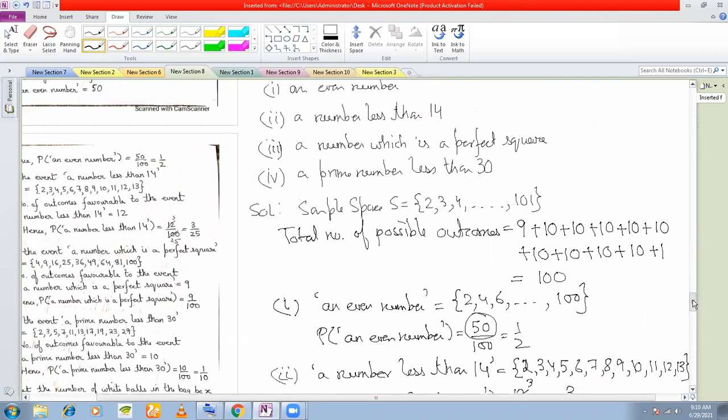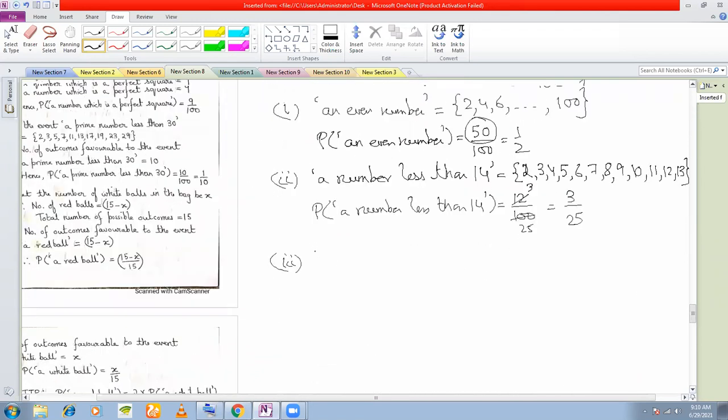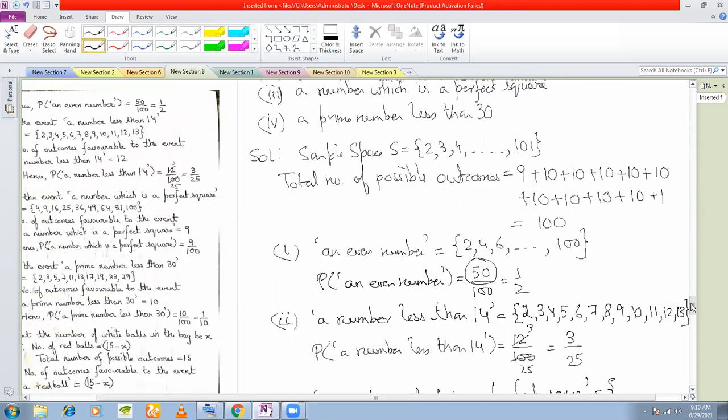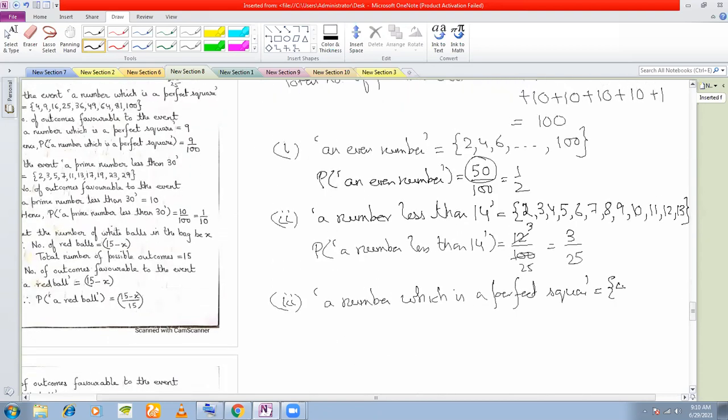Third part here is a number which is a perfect square. Okay, 1 is a perfect square, but 1 is not there in the sample space, because the sample space, if you see, starts with 2 here, right? So the first square number will be 4.